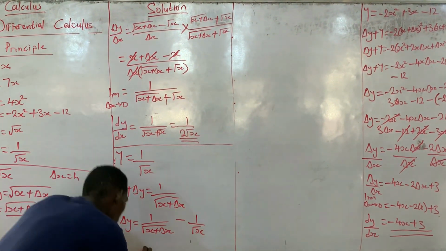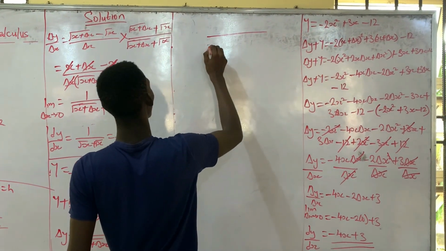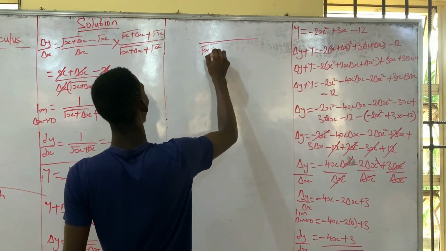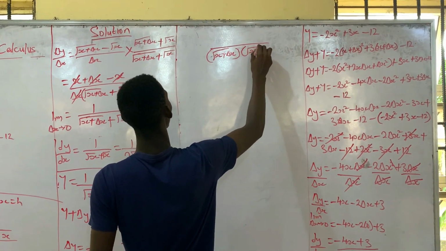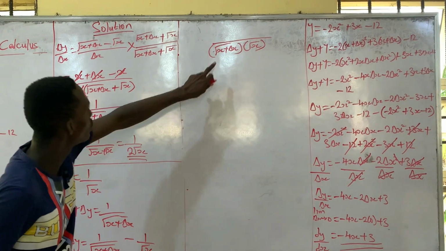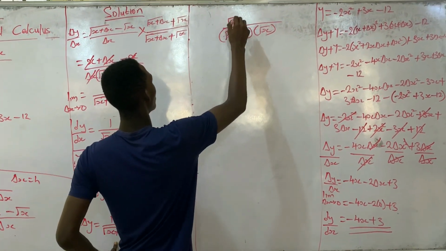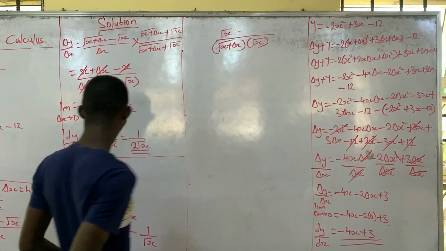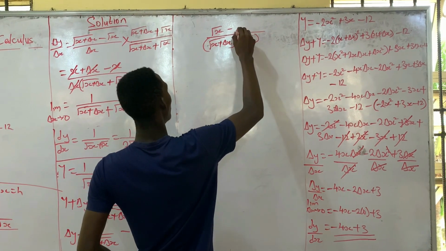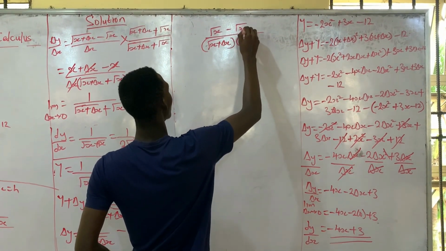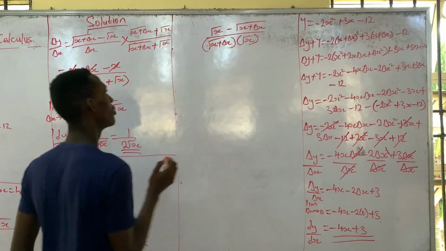The LCM is root x plus change in x in bracket, and we have our root x here in bracket. So if you divide this by this, we'll be left with just root x, minus, if you divide the whole of this with this, then we'll be left with root x plus change in x.